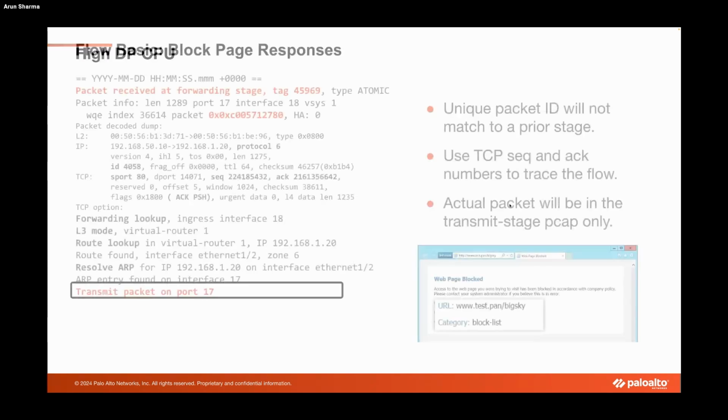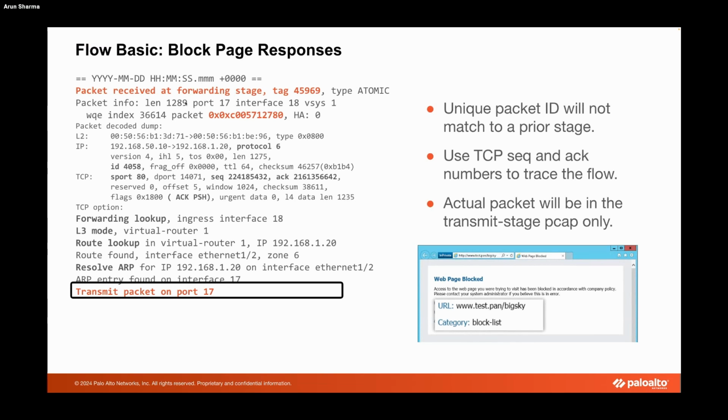Remember I told you about the packets which are initiated by the firewall, not through-the-box traffic, but generated as a response by the firewall. Those will be seen here. This user is trying to access something malicious and we have blocked it. So this block page is generated by the firewall itself, just to let the user know you are blocked.